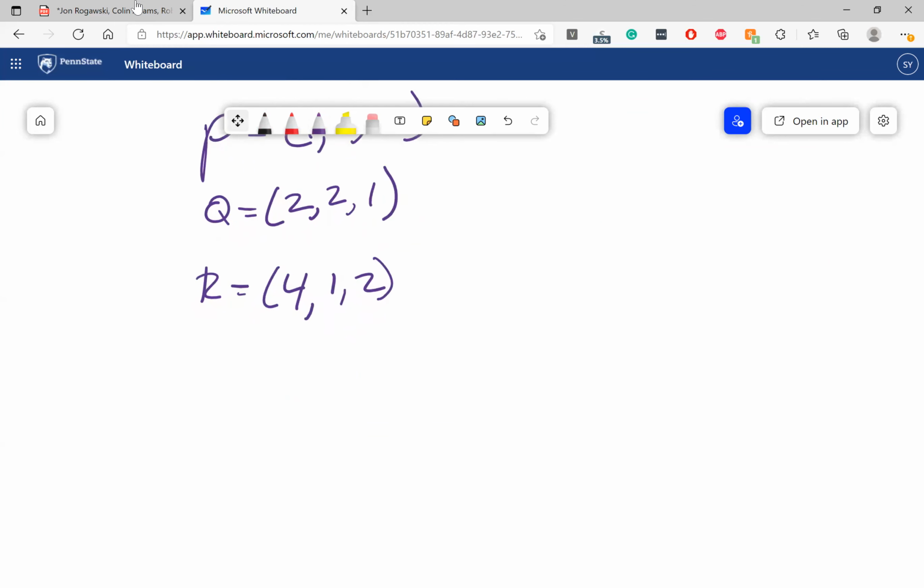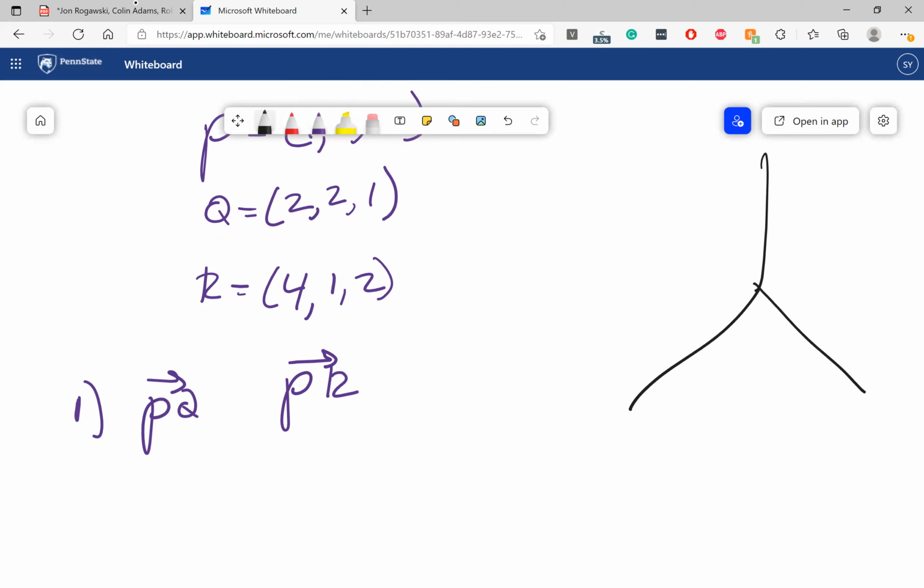Okay, so step one, let's find the vectors PQ and PR. And try not to get confused and take the cross product of these points or something like that. We need actual vectors. So let me draw a diagram so that we see the different steps. We have these 3 points, P, Q, and R. The first step is to find the vector PQ.